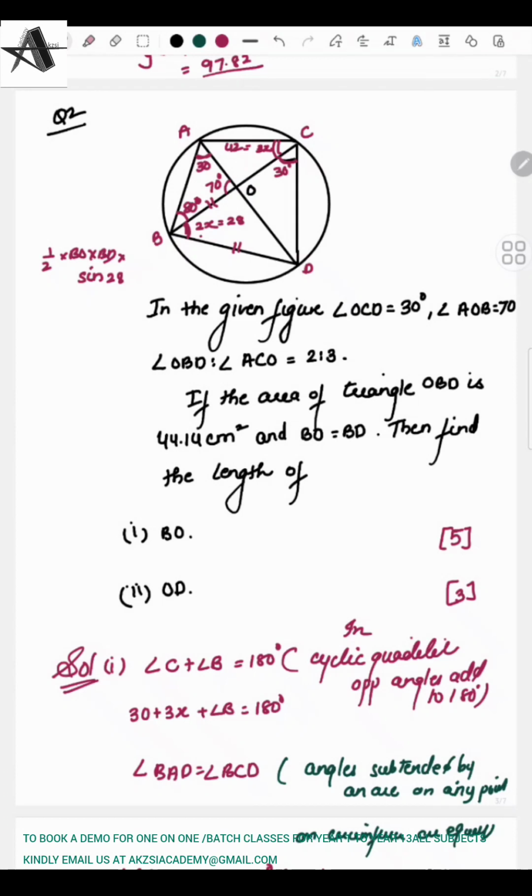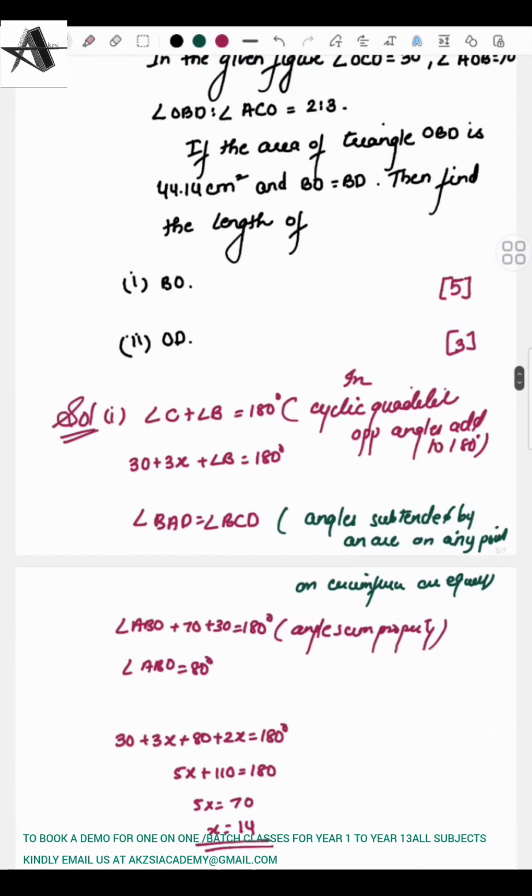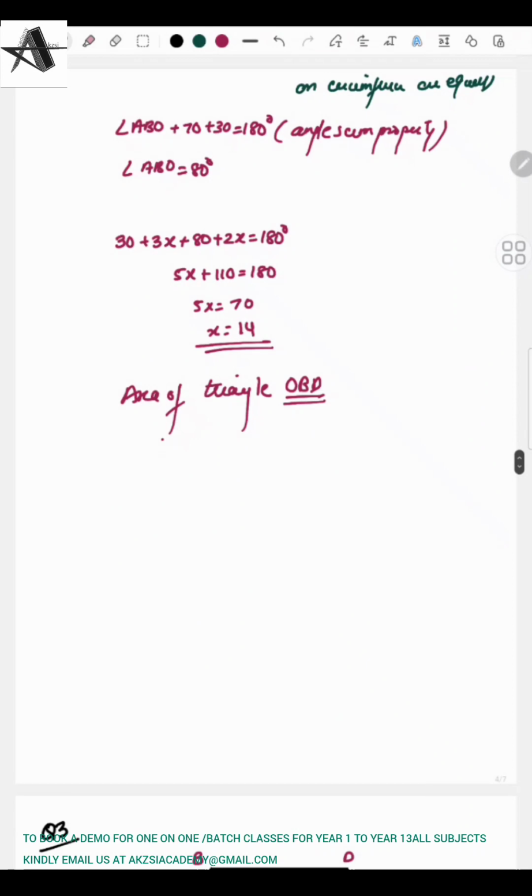Because BO and BD are equal but the value is not given, let me say it be x. I can say now the area of the triangle will be half times BO, and BD can be written as BO as well, times sine of 28 degrees. This is equal to 44.14.